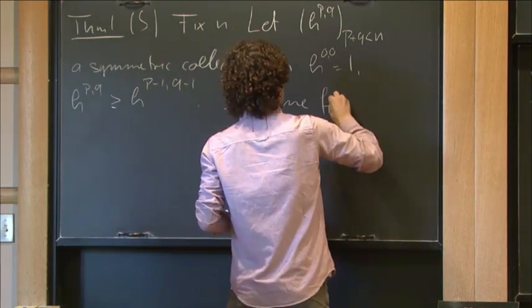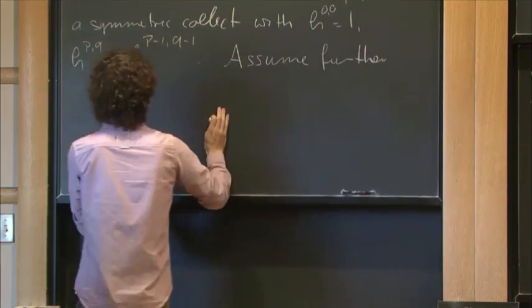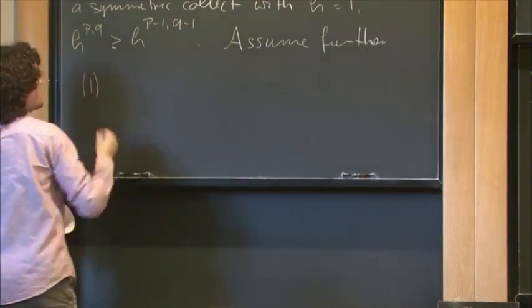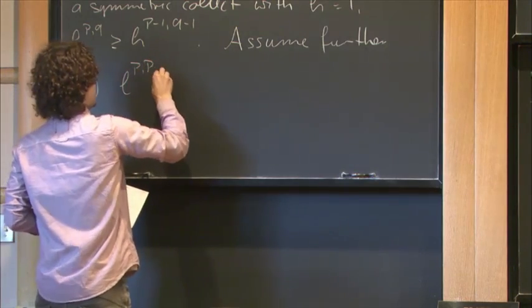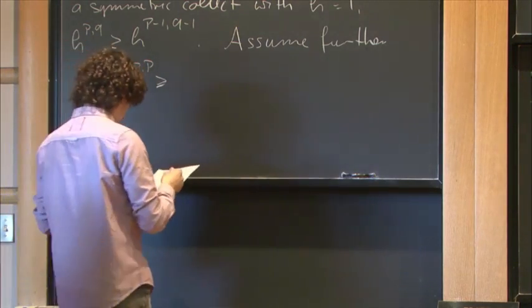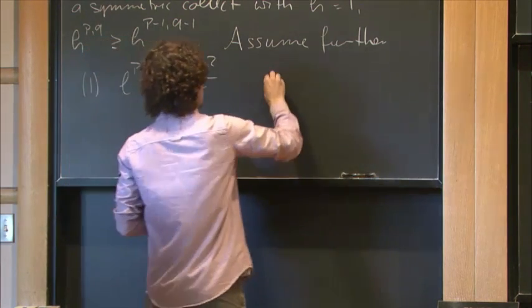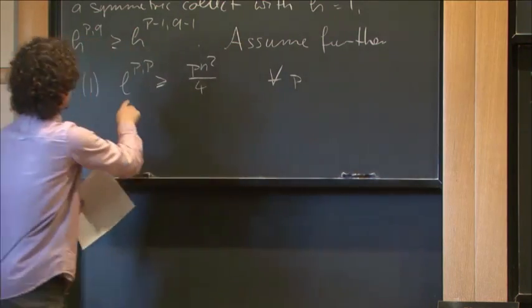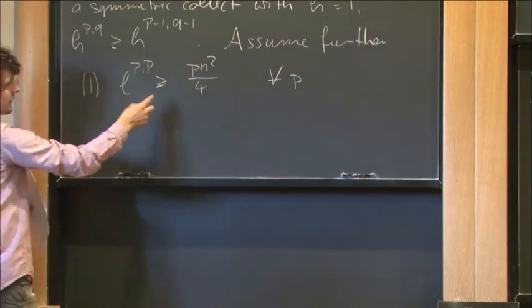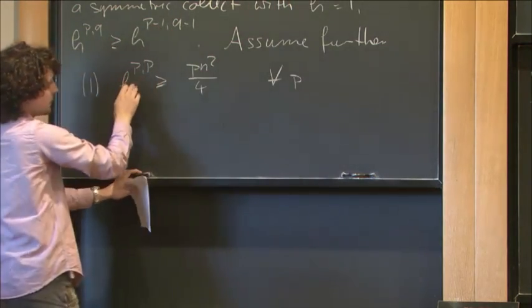So assume further. First one is that l^{p,p} is bigger or equal p n squared over 4. So the primitive (p,p) Hodge numbers have to be larger than some constant, which doesn't depend on the collection, but only on the dimension n and on p.